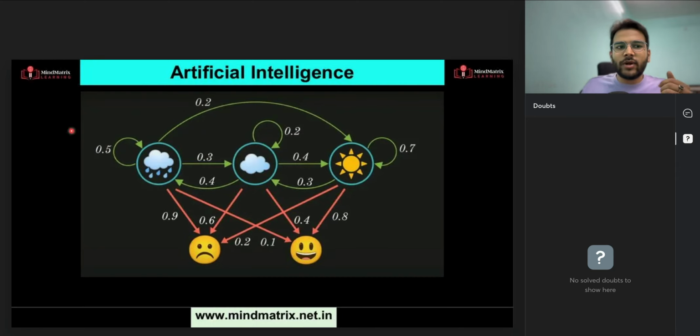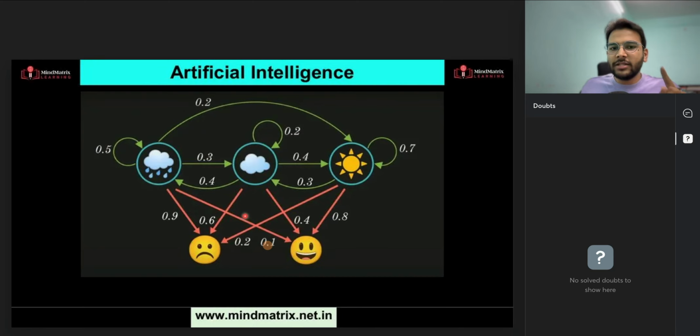Let's try to understand the significance of these emission probabilities. It simply says if it is raining, then there is 0.9 probability that the mood of Tom will be sad. If it is raining, then the probability is 0.1 that his mood will be happy.